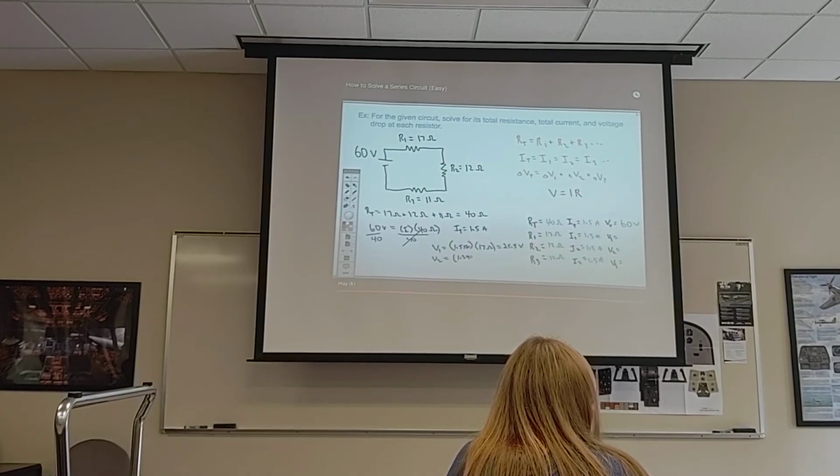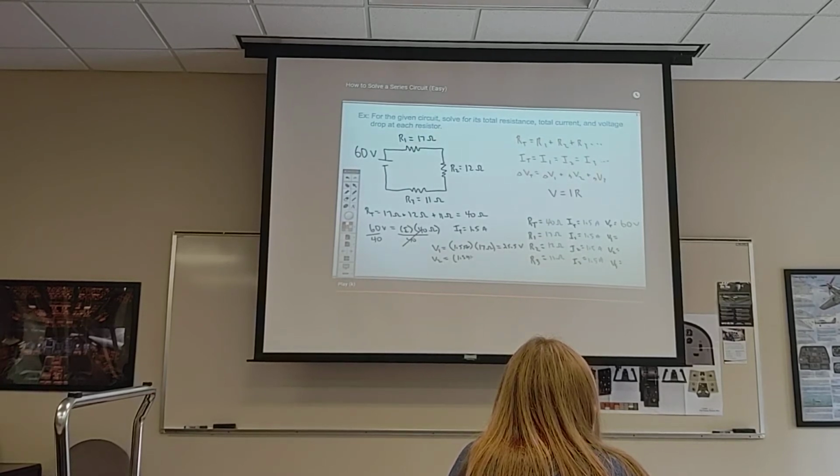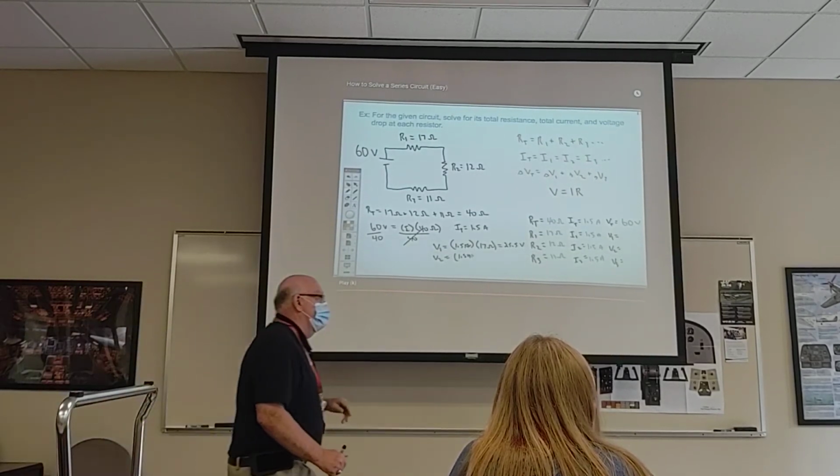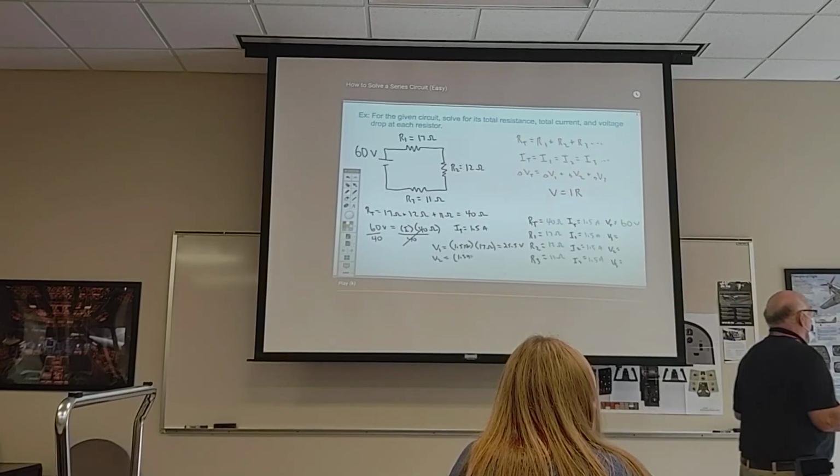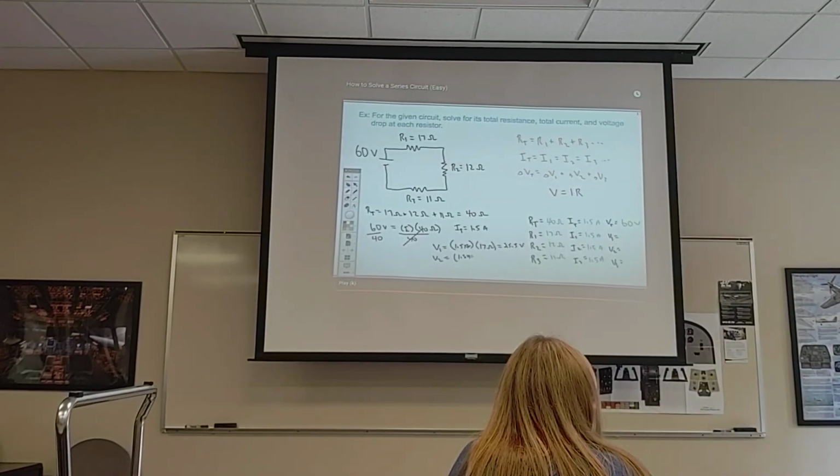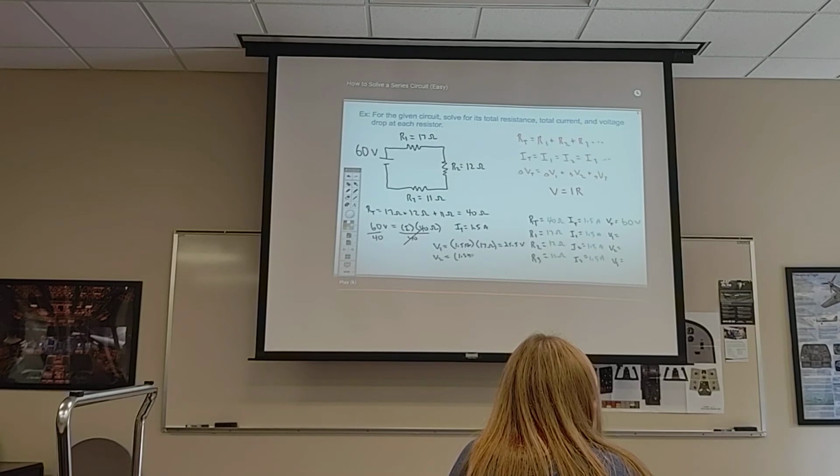Well, what do we know about the current? All the way around, it stays the same. That's everything you need to know about a series circuit. So I total equals I1, or IN, all the way down.